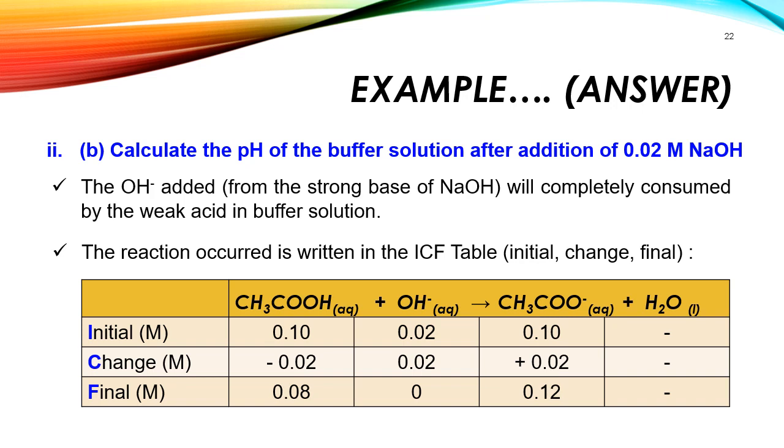The ethanoic acid reacts with the OH- ion added from the strong base to produce ethanoate ion and water. Since the OH- added is only a small amount of the strong base, it will be the limiting reactant. At the end of this reaction, we still have remaining ethanoic acid at 0.08 molar and ethanoate ion at 0.12 molar.